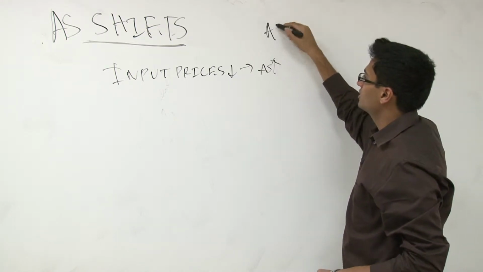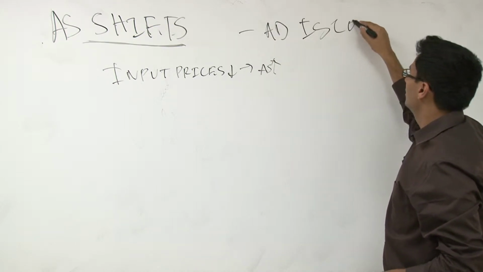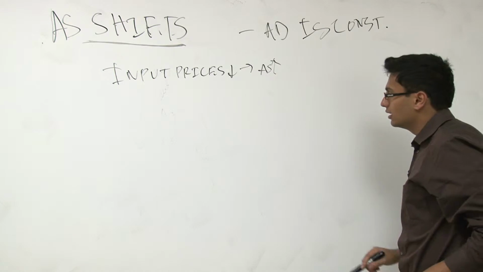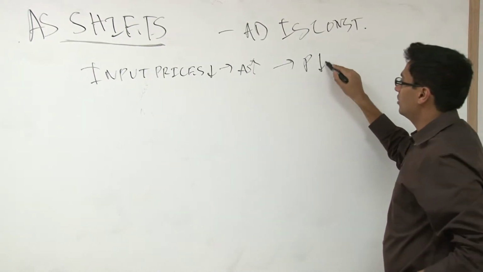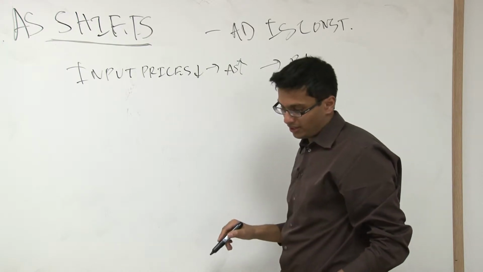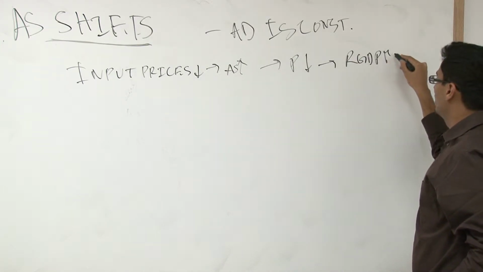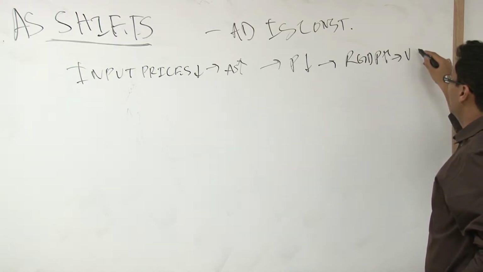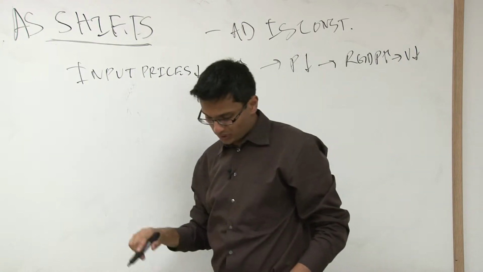And remember, this is considering that AD is constant. As AS goes up, price levels go down, and then our GDP goes up, and unemployment goes down. So how do we show that graphically?